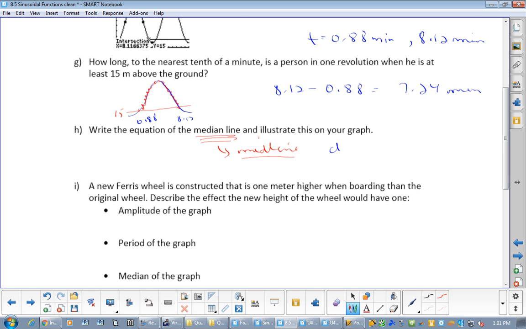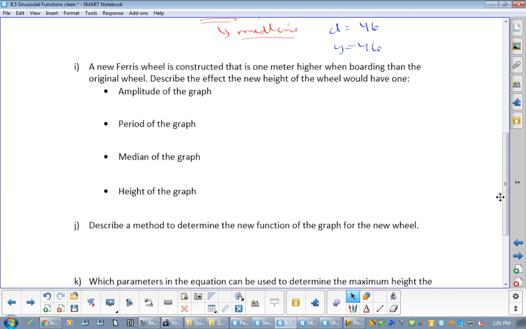So d equals 46, but what's the equation? Y equals 46. Okay, that's the equation of the line. Now here are some questions that you want to make sure you're seeing, because this is what they really want to see on the next level.